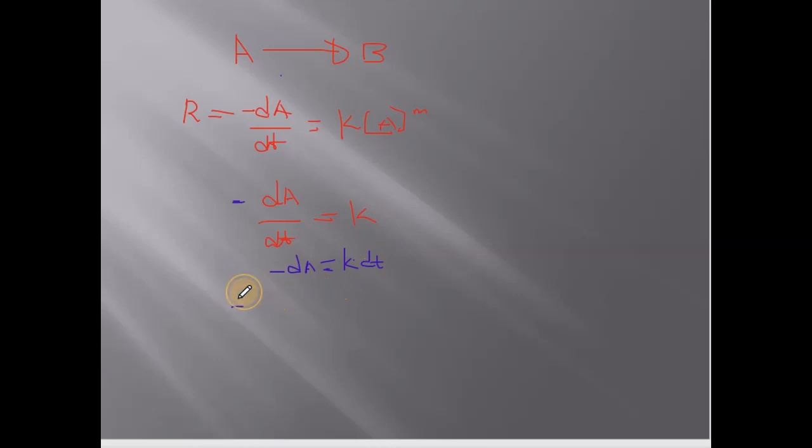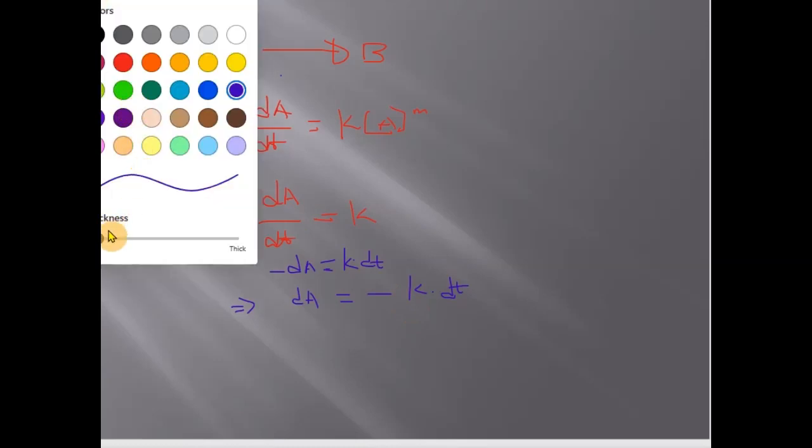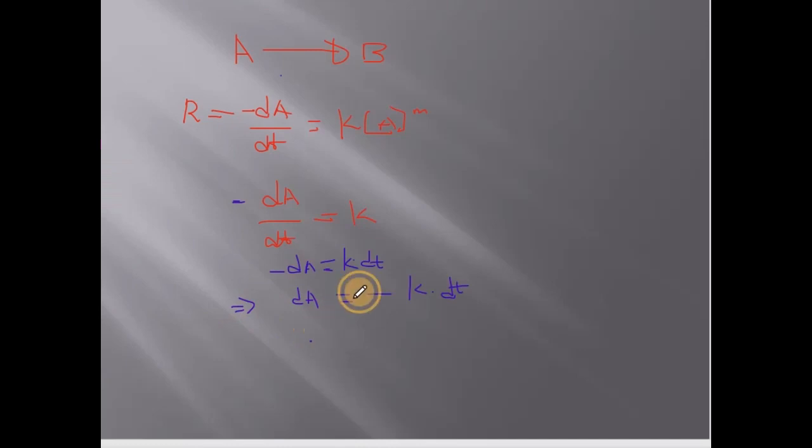So we are going to have dA equals minus k times dt. Minus k dt. So then we are going to find the integral of both sides. So we're going to integrate both sides of the equation.